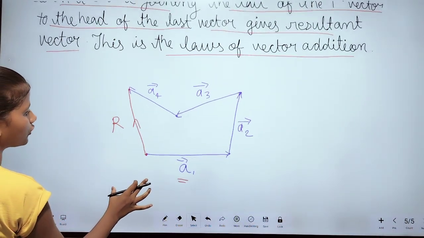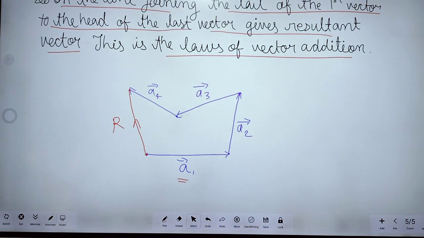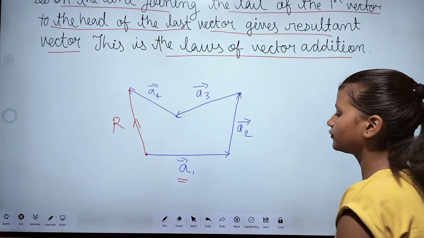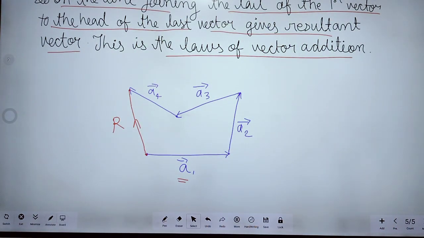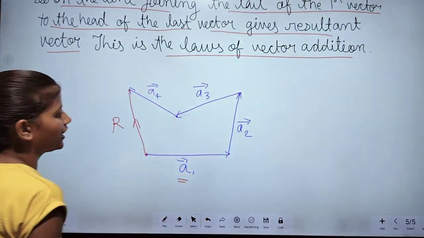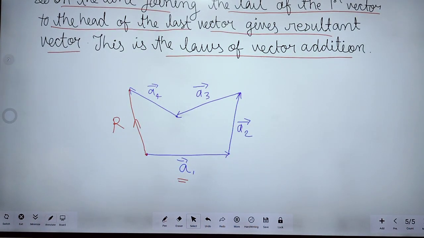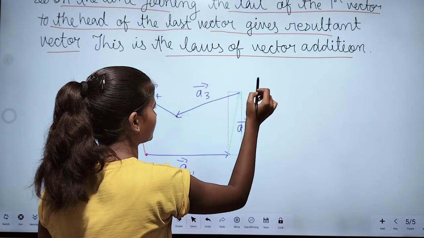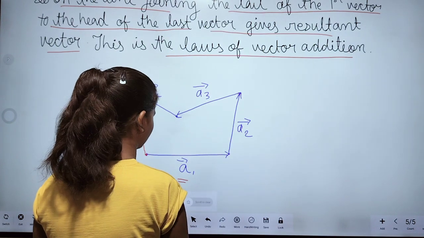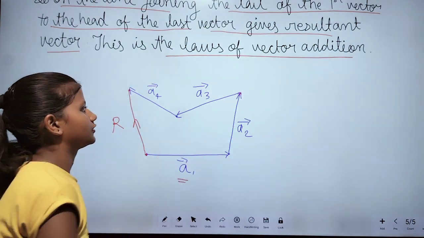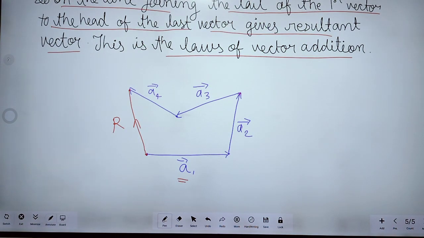What is vector addition? First of all, we have to draw first vector, any one vector. And draw second vector on the head of first vector. And draw third vector on the head of second vector.